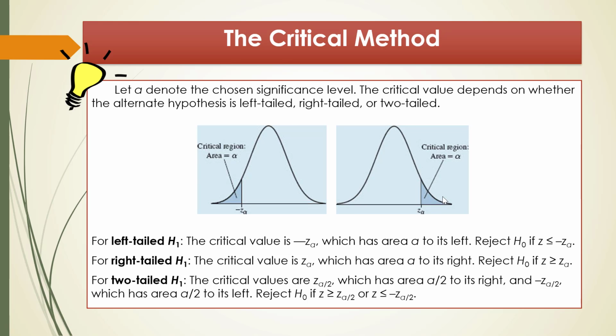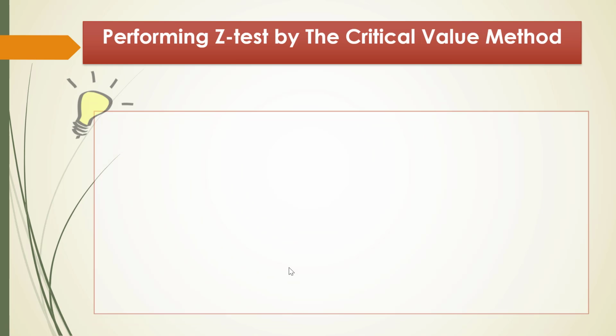Right in the name, two-tailed H1, we are going to have two tails. For one-tailed, we have one tail either on the left or on the right. For two-tailed, we have two critical regions, those two tails of the standard normal curve. So that's the idea of the critical value method.